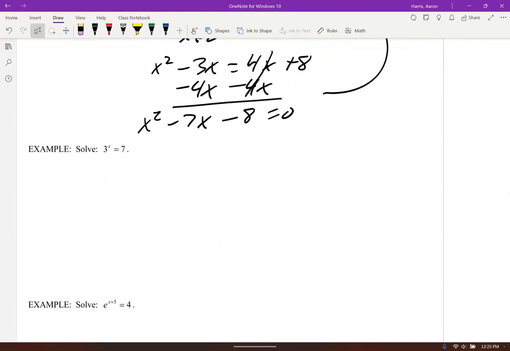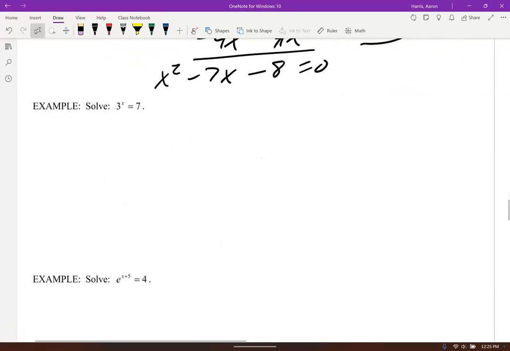All right, what if you've got something like this? You got 3 to the x equals 7. And you notice the 7, it's not like you can write 7 as 3 to the something here, right? So what you're really stuck with is to take the natural log or a log of both sides, so that you can use the power property.